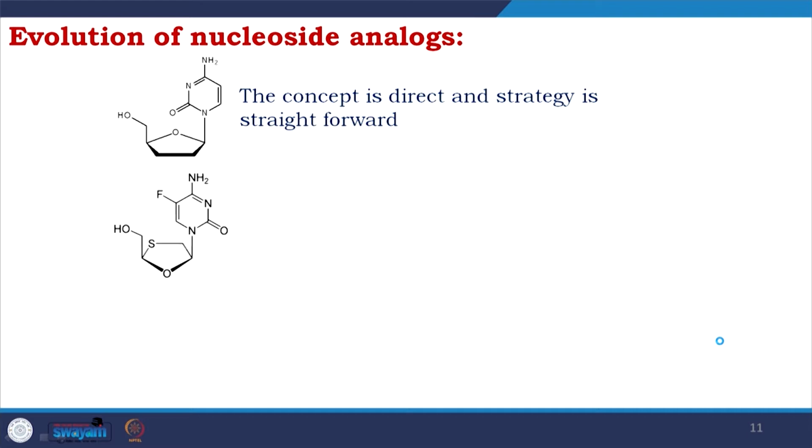What is happening here is, if you see, the L sugar is rotating slowly and moving the hydroxyl group away from the enzyme, from the DNA polymerase.